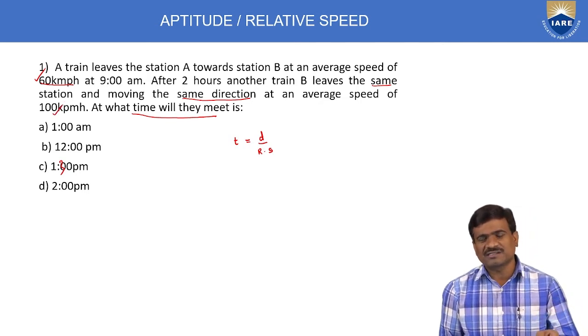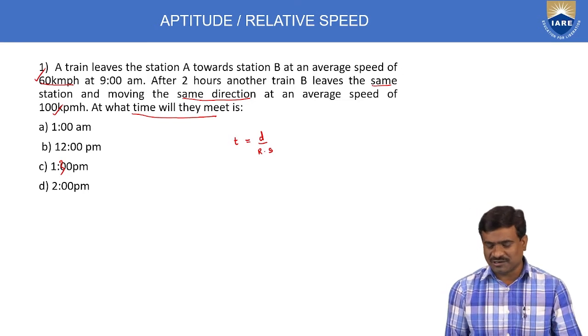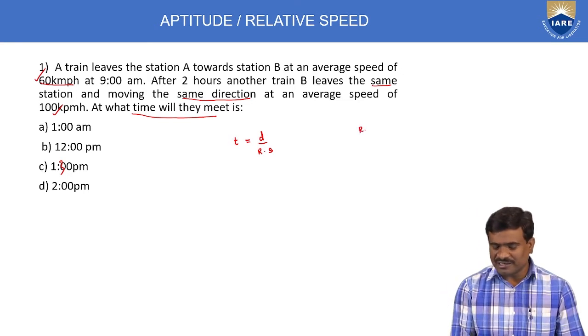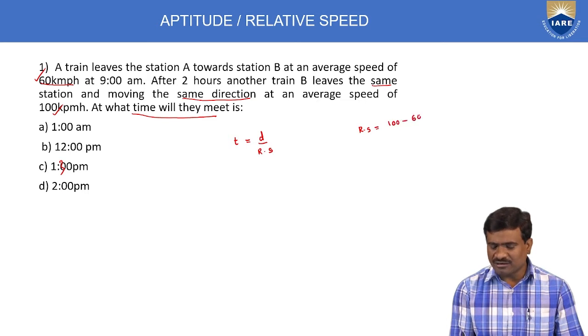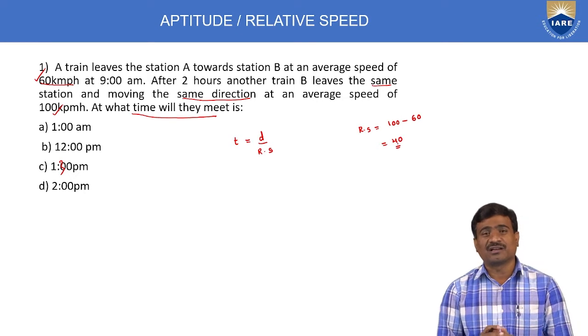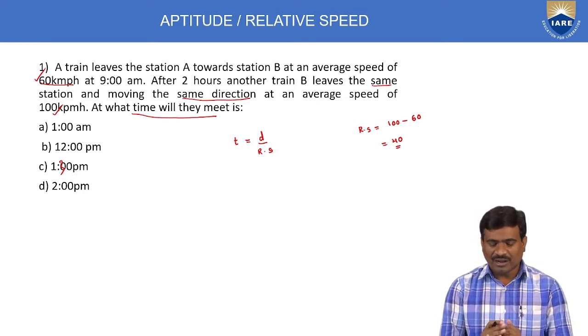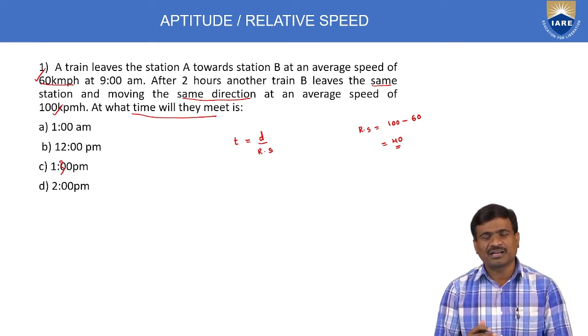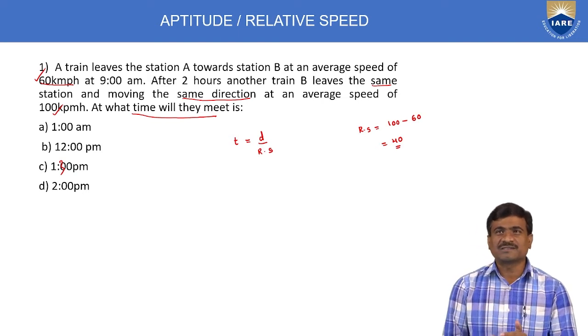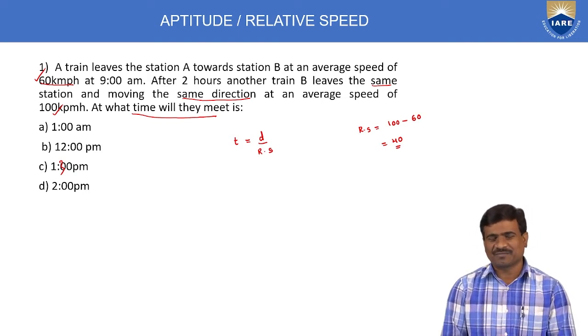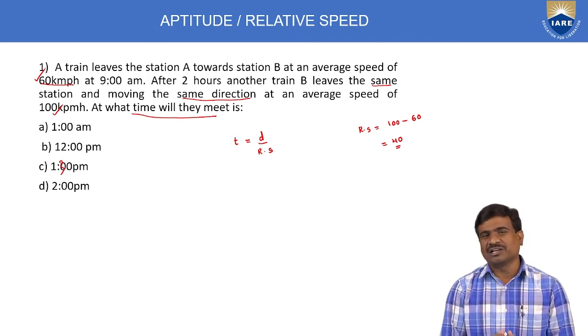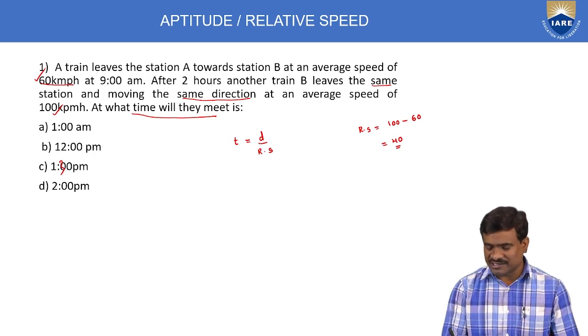These two trains are moving in the same direction, so relative speed is the difference of their speeds: 100 minus 60, 40 km per hour. Relative speed is given but distance is not given. Using the above condition, we calculate only the distance.